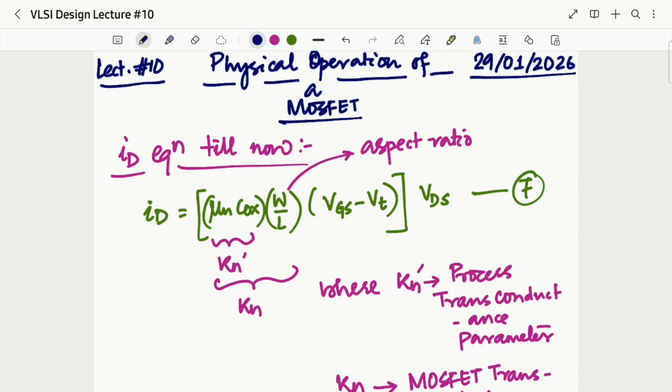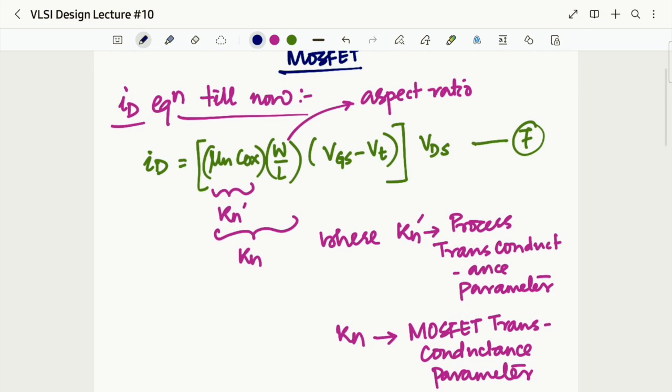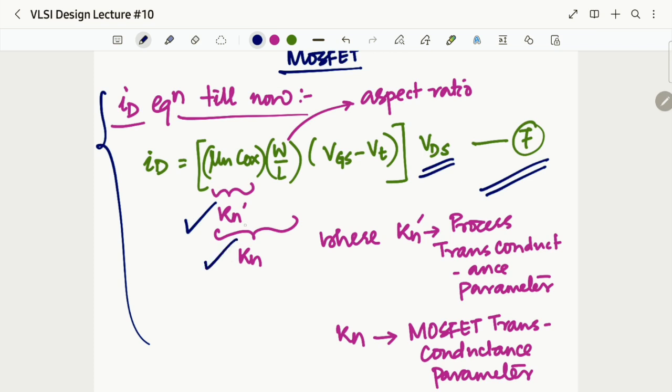So we are into the ID equation derivation, and this is what we have covered so far. The last equation that we derived, equation number 7, was ID equals mu n Cox W by L (VGS minus VT), multiplied by VDS, where mu n Cox is Kn dash and Kn is mu n Cox into W by L. That is why I have arranged the curly braces in that manner.